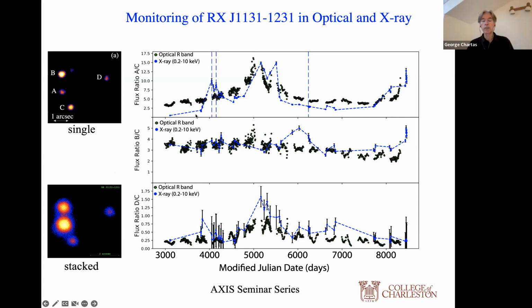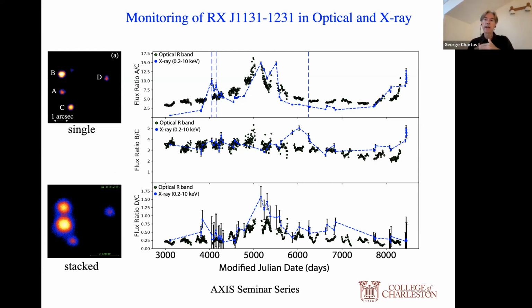And on the right, what I'm showing you is the light curves, but I'm showing you the flux ratio between 2 images. So for example, in the top panel, I'm dividing the light curve of image A by the light curve of image C. And then the middle one is B over C and D over C. The black data points are the optical data and the blue data points are the X-rays.